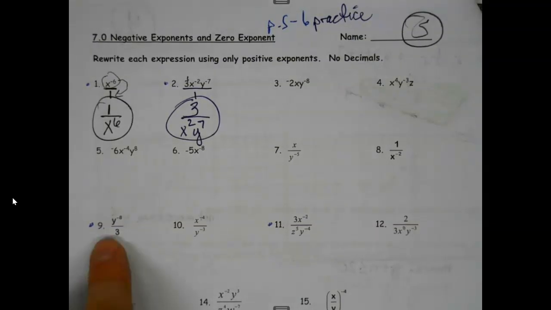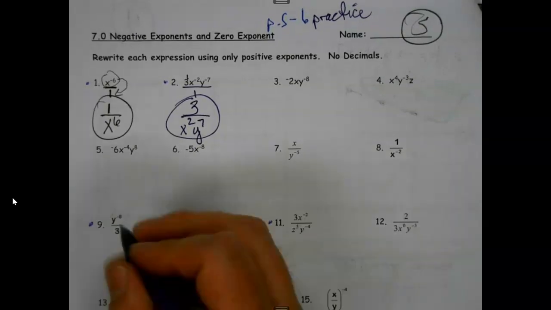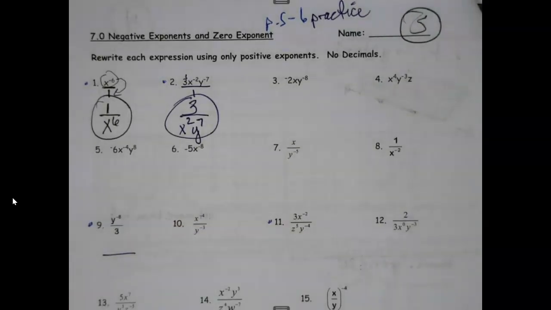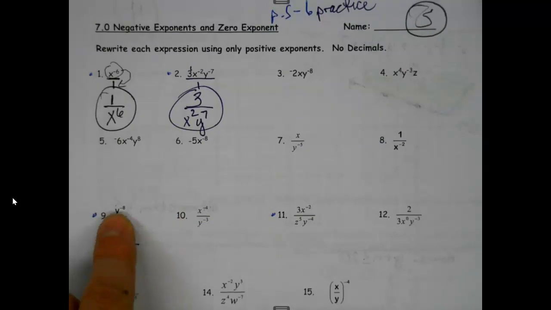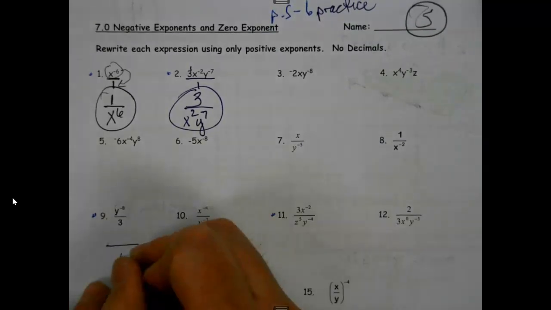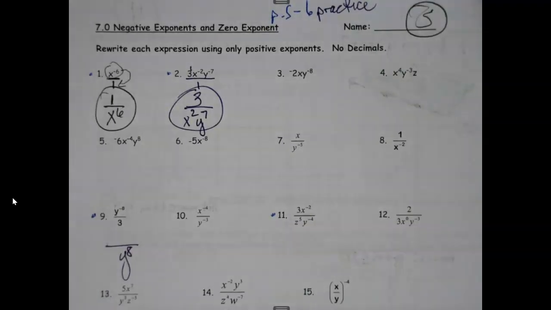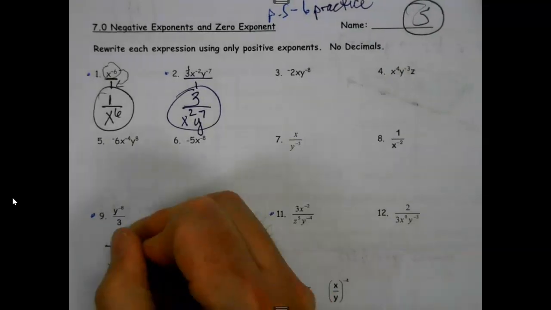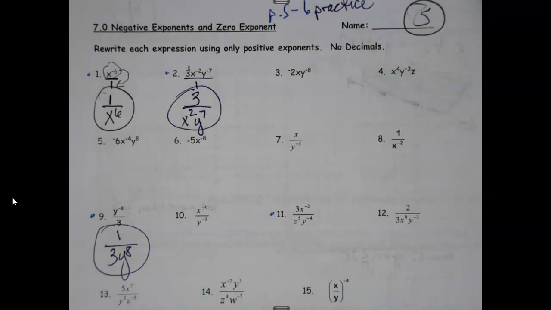Okay? Or I look here and I go, okay, y to the negative 8th over 3. Let me make my fraction here. Y to the negative 8th need to flip? Yeah, it's got a negative exponent down at the bottom. Does 3 need to flip? No, it's behaving itself. Leave it alone. I got nothing left up top. I'm going to put a 1 there.